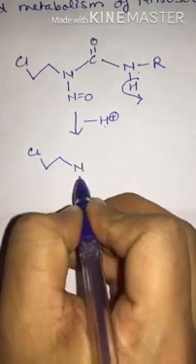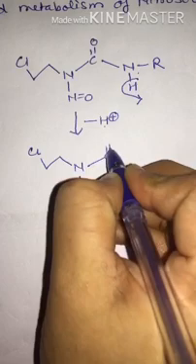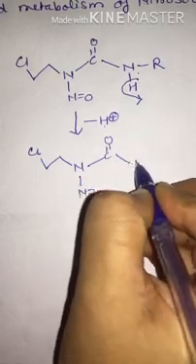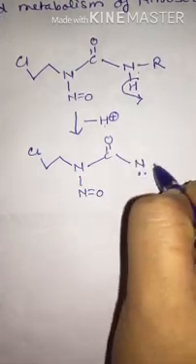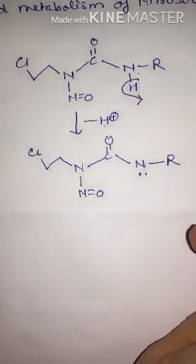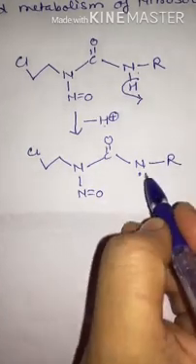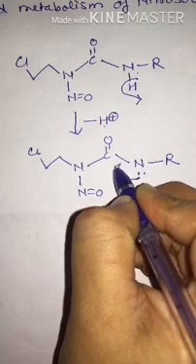So we have with us another structure, that is chlorine. We have nitrogen and nitroso group, C double bond O, then nitrogen with the left lone pair of electrons. In the next step, the lone pair of electrons move here.